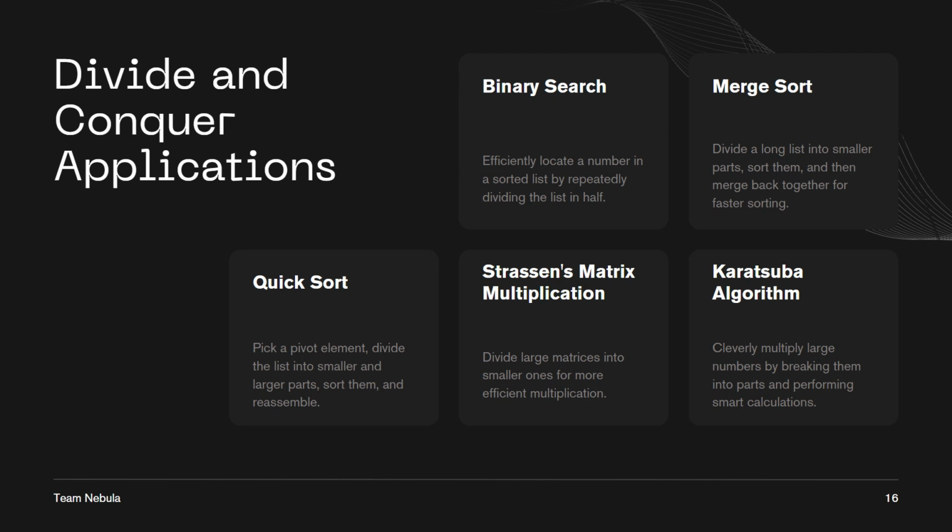Instead of doing the usual multiplication step by step, you break the numbers into parts and do some smart calculations to get the result. So, divide and conquer is like a problem solving superhero that helps us tackle big problems by breaking them into smaller pieces and then conquering them one by one.